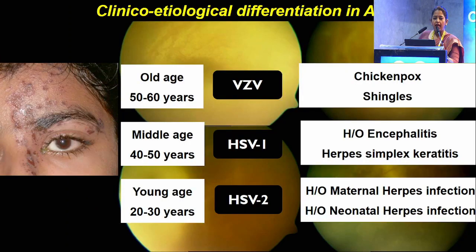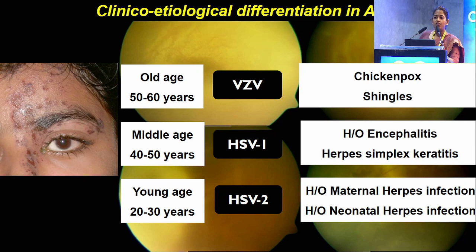Now, age and associated comorbidities help us in the clinico-etiological differentiation in ARN. Varicella zoster virus and HSV1 are usually the likely cause when the age of the patient is more than 25 years. When the patient is younger, less than 25 years of age, HSV2 is the likely cause. Whenever a patient presents with chickenpox or shingles on systemic examination, varicella zoster virus should be kept in mind.